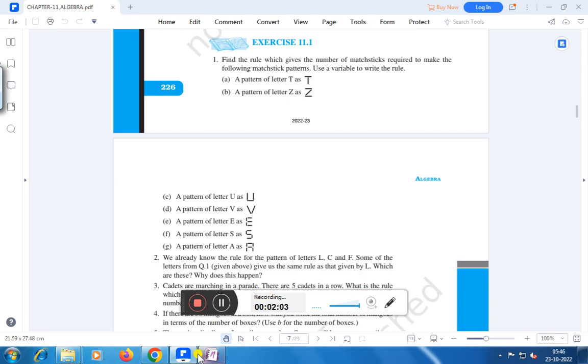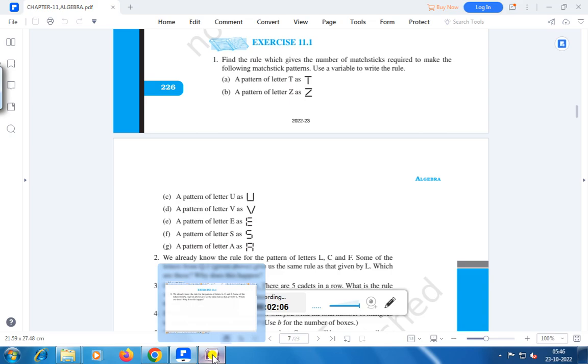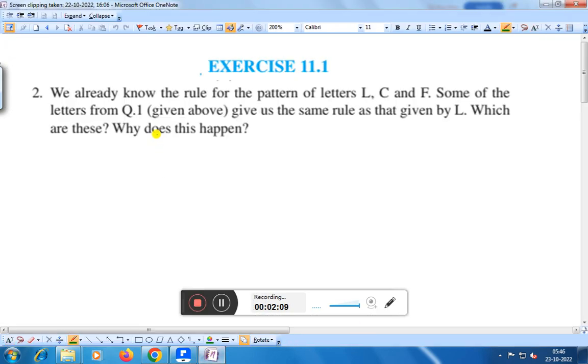Let us find T and V. That means these three: T, L, V. The formula for T is there are two matchsticks, that means it is the formula 2n. In L also there are two matchsticks, the formula is 2n, and V also the formula is 2n, right?